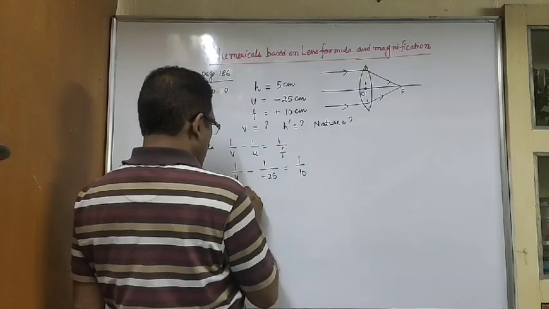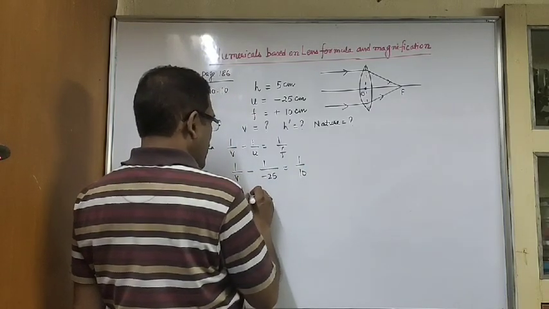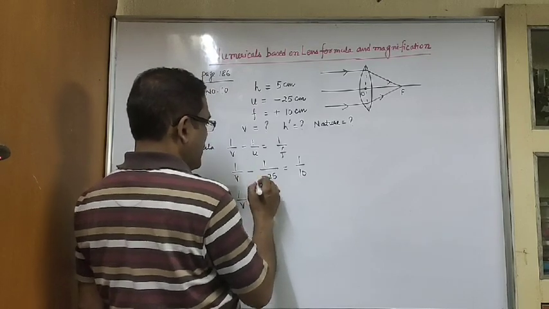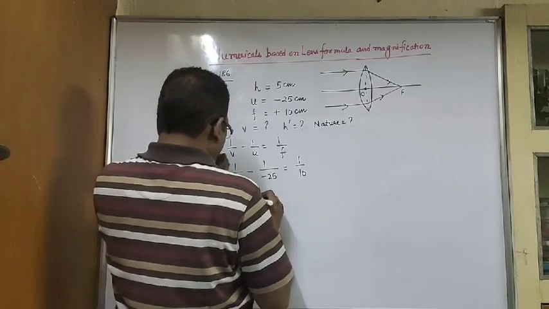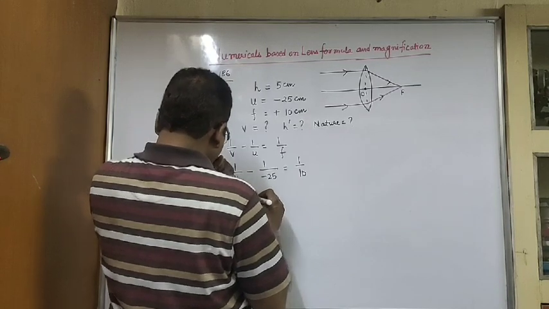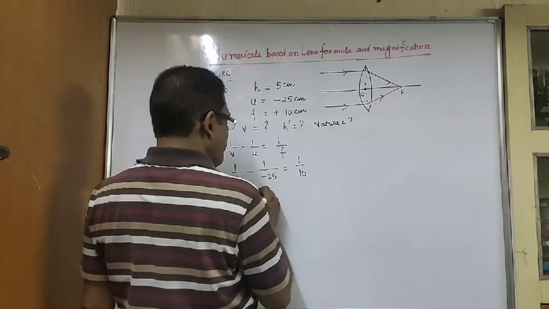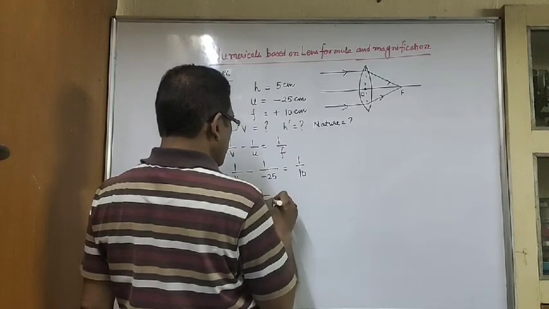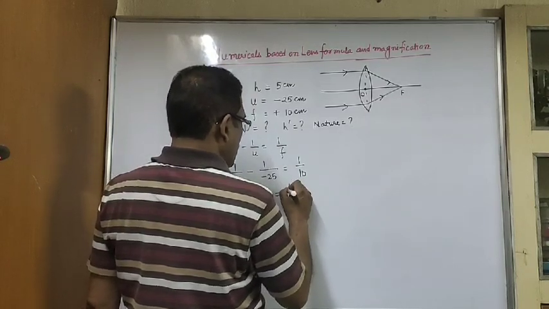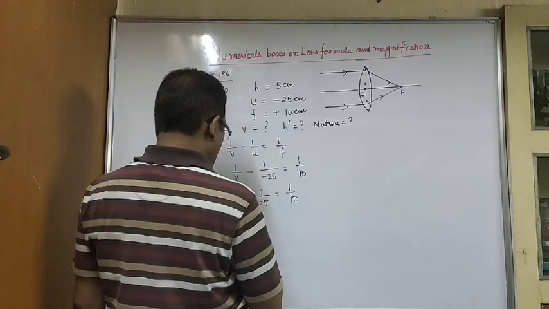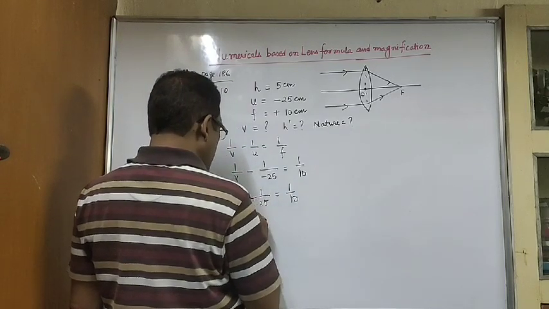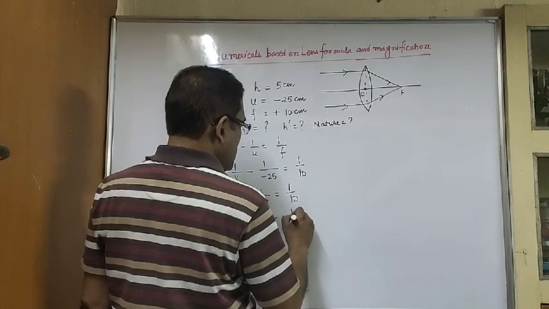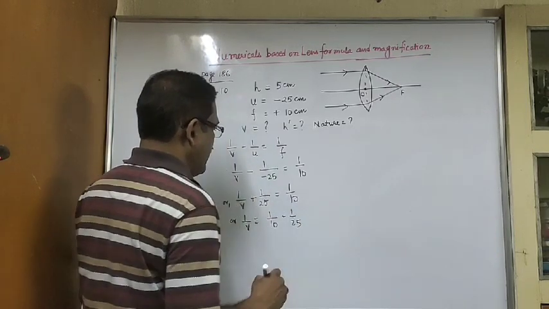So 1 by v, this minus will be plus, is equal to 1 by 10, or 1 by v is equal to 1 by 10 minus 1 by 25.